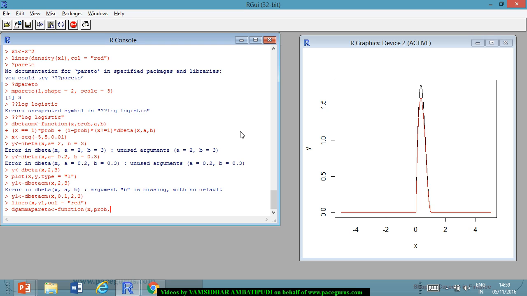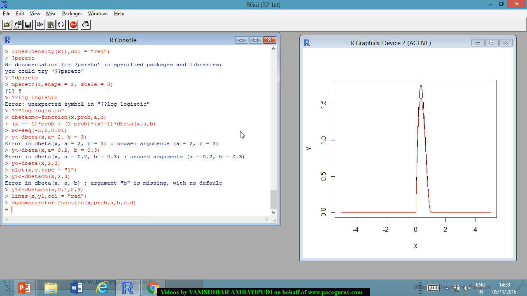So that's where we can give some names. Let's call them a, b, c, d. The first, a and b, are the two parameters for the gamma distribution. c and d are the two parameters for the Pareto distribution.